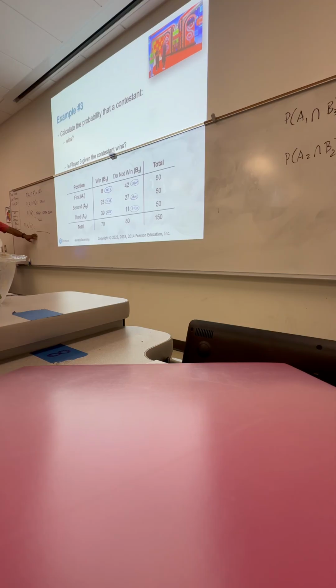So tell me the ones that go in the denominator. 0.0533, 0.1533, and 0.26. Now, of those three, which ones have something to do with this? The last one, 0.26, correct.